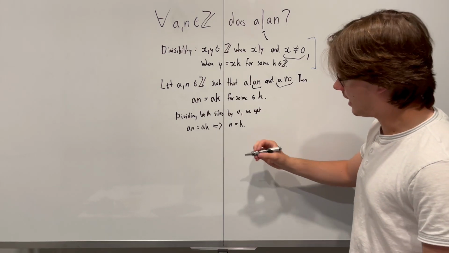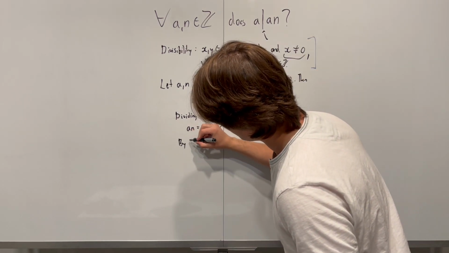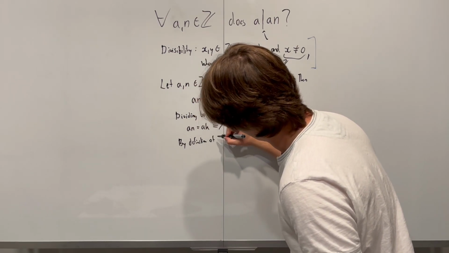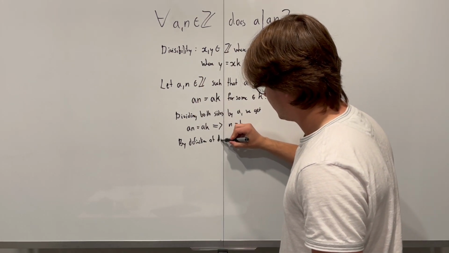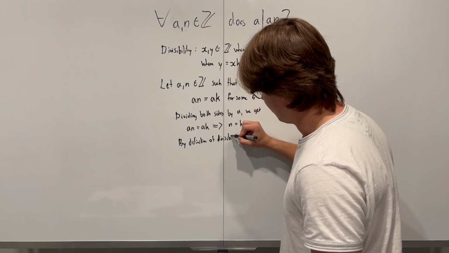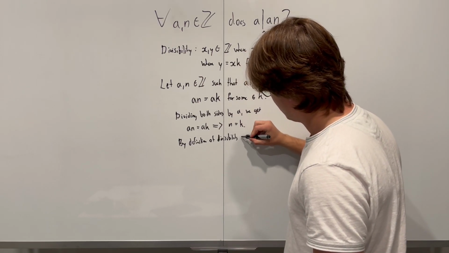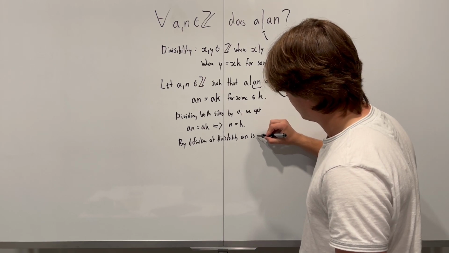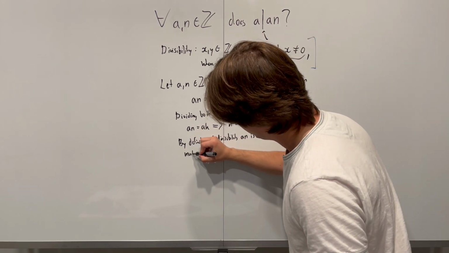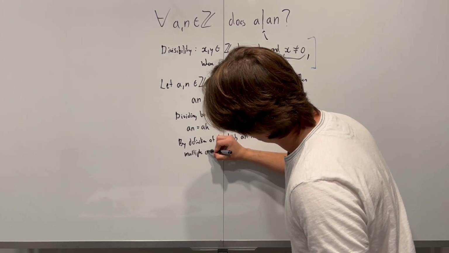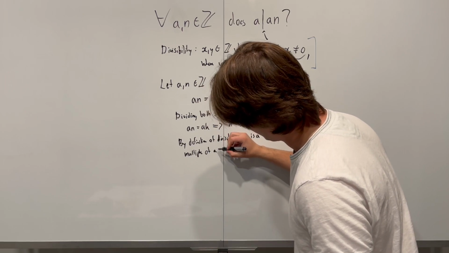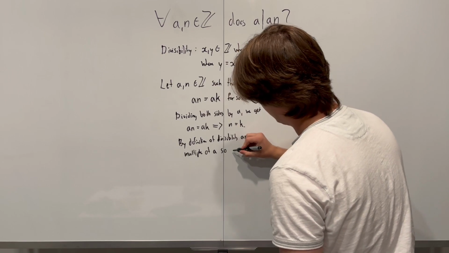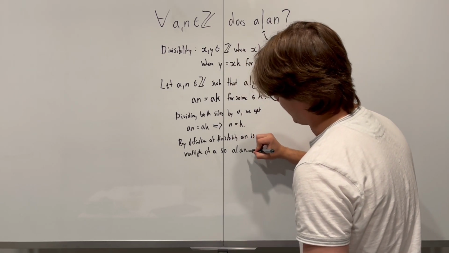So we can then say, by definition of divisibility, an is a multiple of a, so a does divide an.